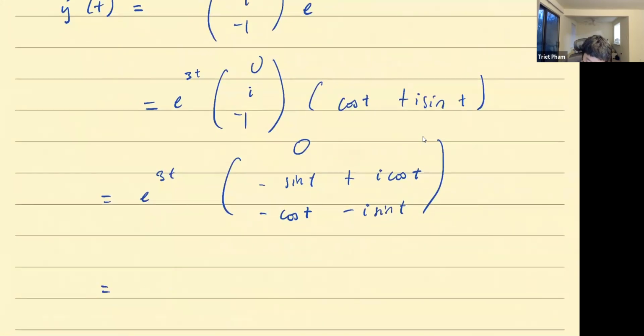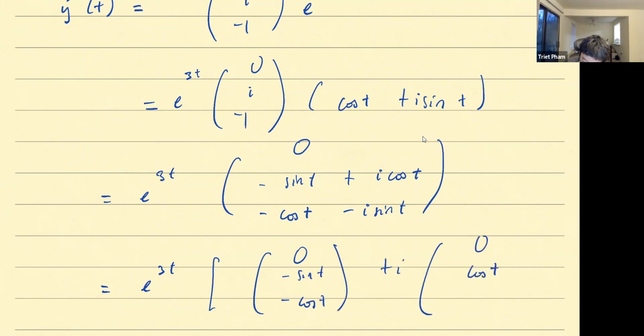So we got e to the 3t times 0, minus sine t, minus cosine t, plus i times 0, cosine t, minus sine t. Is that okay?